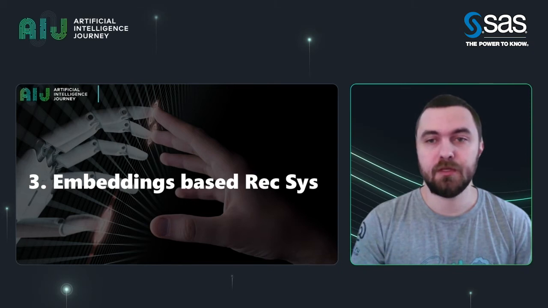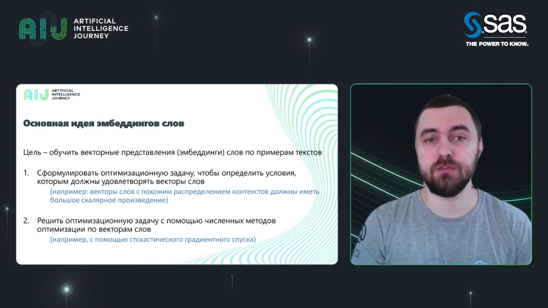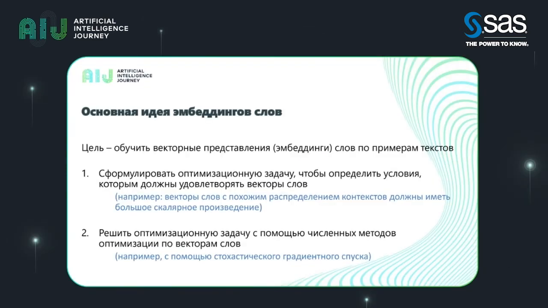Finally, speaking about embeddings-based recommender systems. In processing text, we have embeddings. The goal is to train some vector representation of words based on text that can later be used for further analysis. The point is, formulate an optimization task.